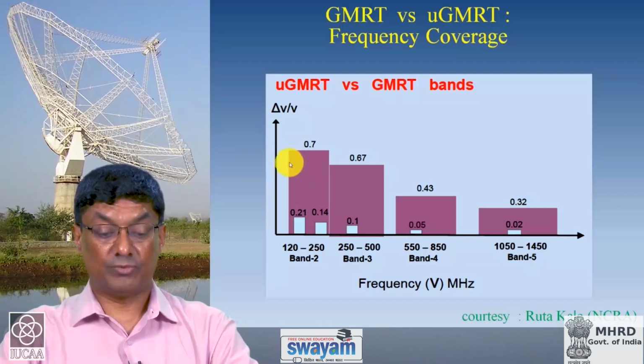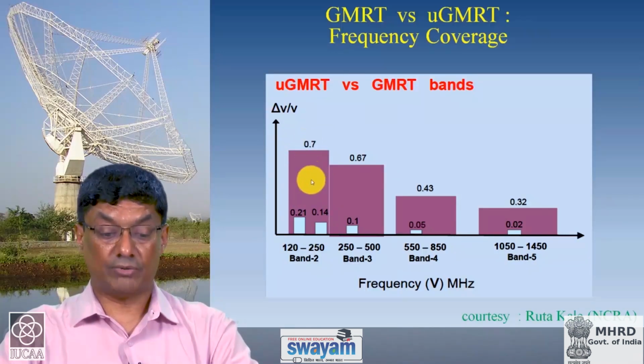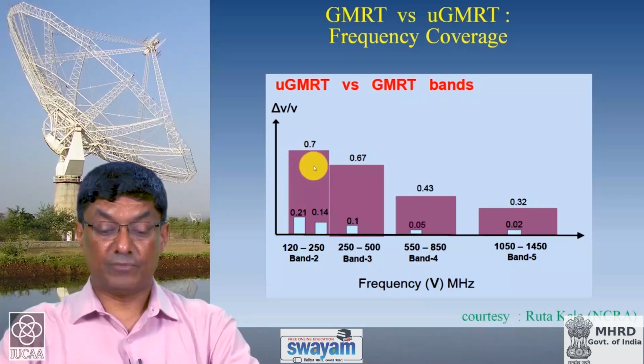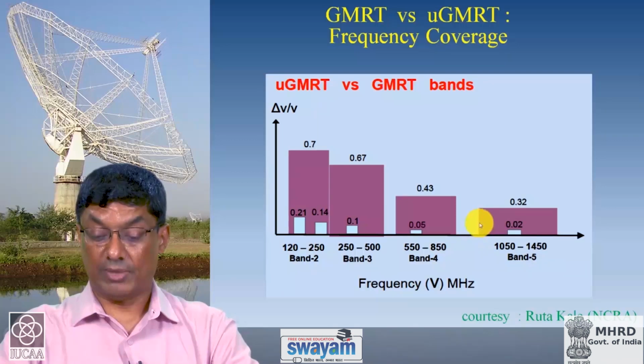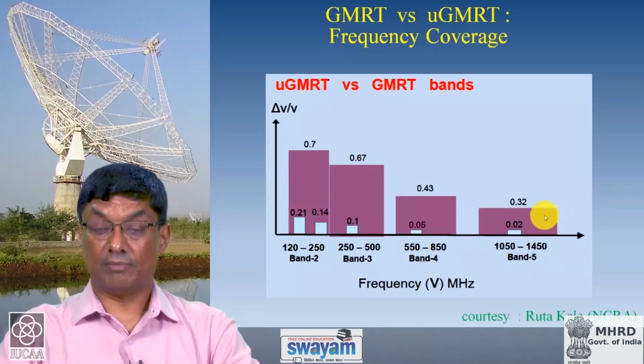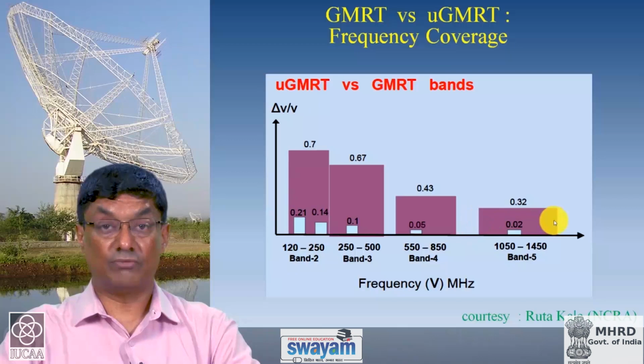That means there is one observing band from this frequency to this one, which has a large fractional bandwidth compared to the center frequency, and the fractional bandwidth of course decreases as you go to the higher frequencies, where the bandwidth, though it goes up, is still at maximum around 400 to 450 megahertz.